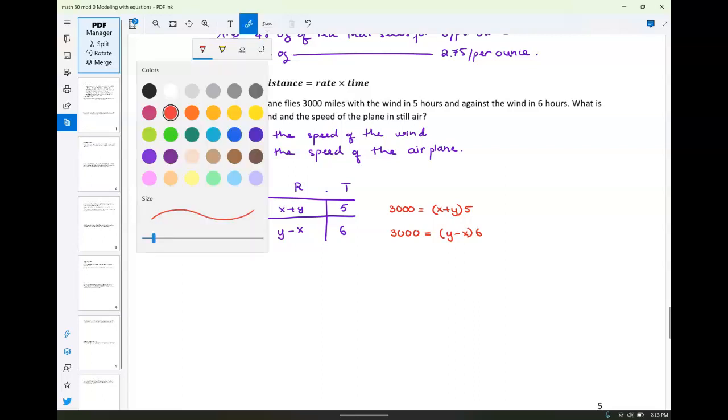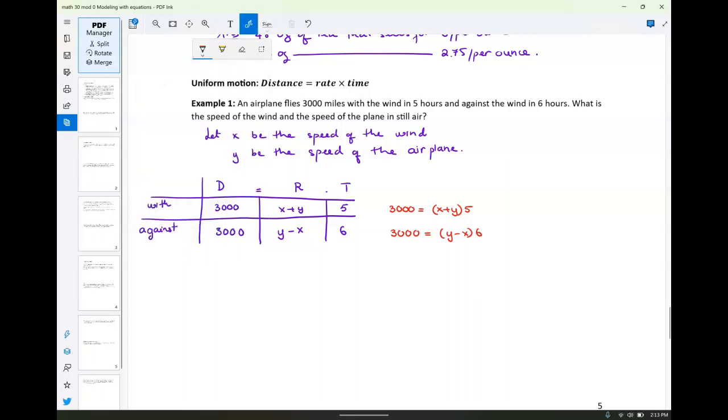I can simplify the first equation by dividing both sides by 5. So 600 equals x plus y. This means y is equal to 600 minus x. I will substitute this into the equation from the second row.